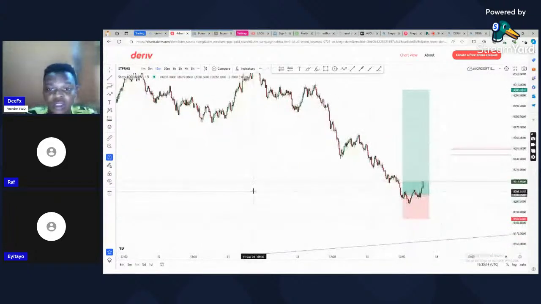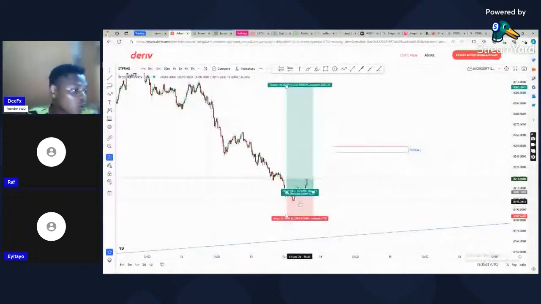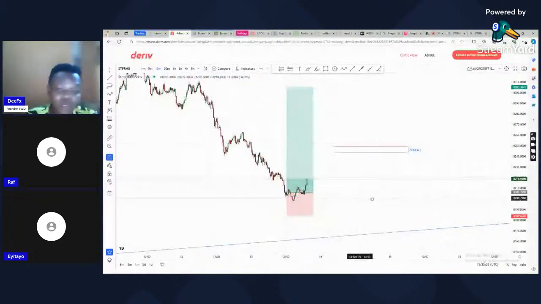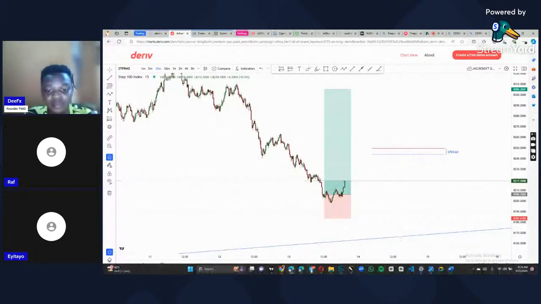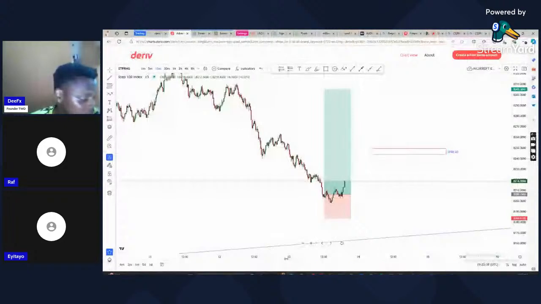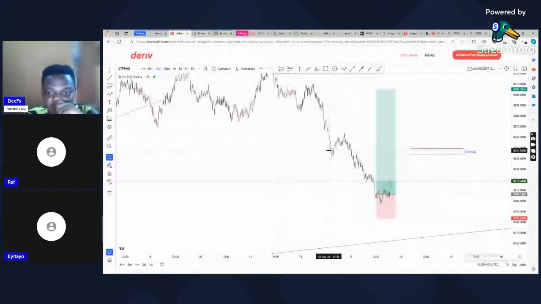You said you don't understand the step index. Is it how I caught this move or the whole thing entirely? The whole chart entirely. All right.